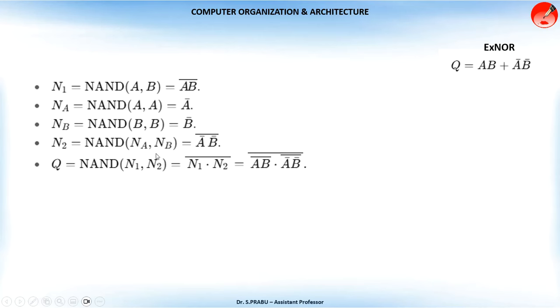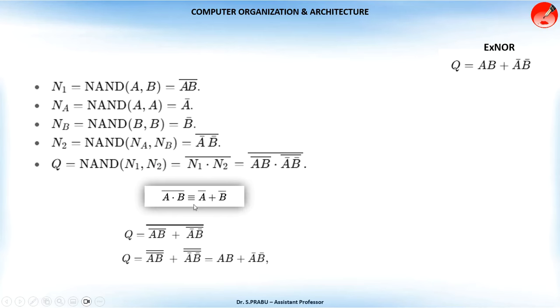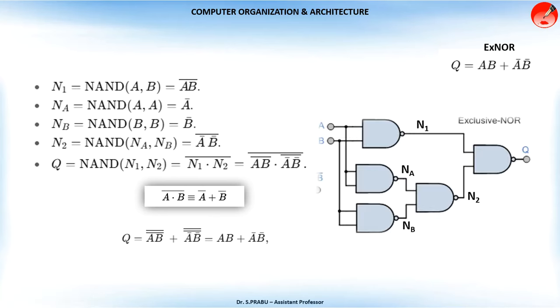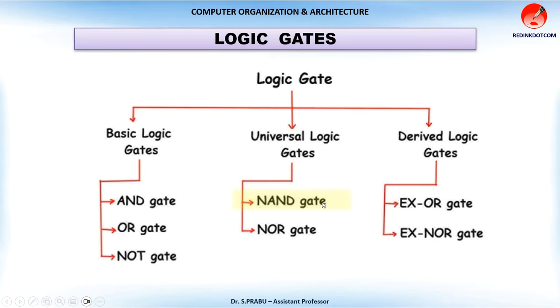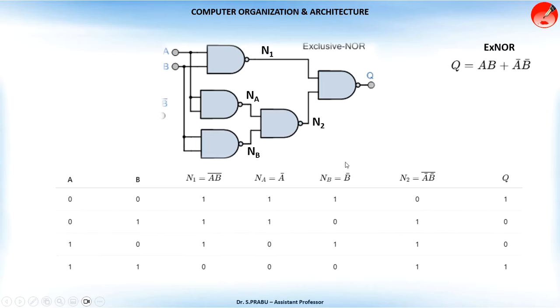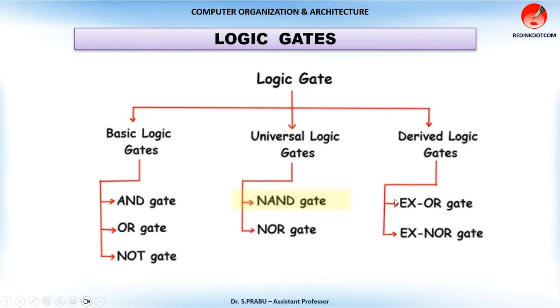So this is the formula. After applying De Morgan's law, you can get this value. So design this circuit as per this formula, you can get the XNOR gate. You can prove this output using truth table also. In your examination, don't write the destination gate directly. You should tell how this gate can be combined and generated by means of truth table also. So NAND gate to other gates is over.